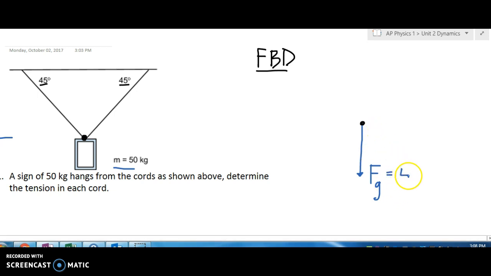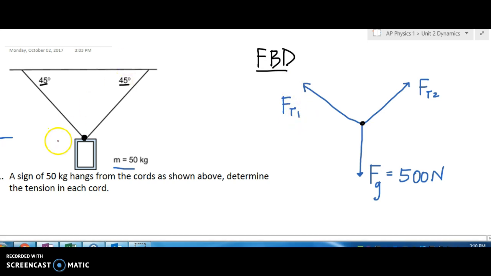So we'll just call it 500 newtons. But then there are these two chords attached to it too. So I'm going to call this one FT1 and this other one FT2. That represents that it's a force and it's a tension force, and 2 because it's the second one, and this one was the first one.